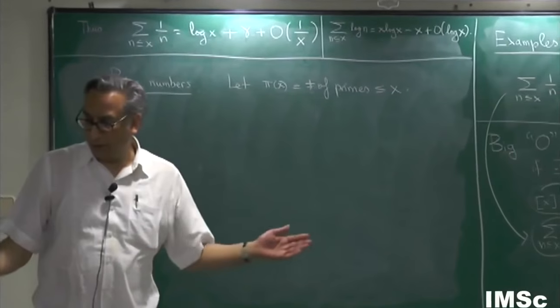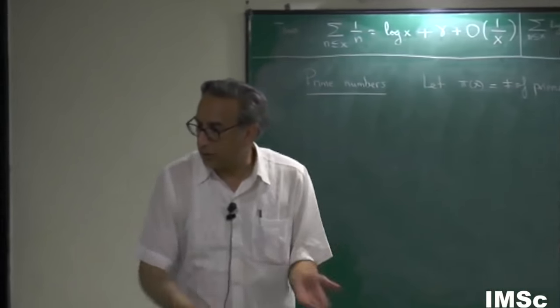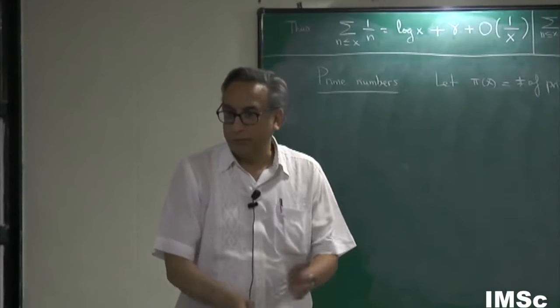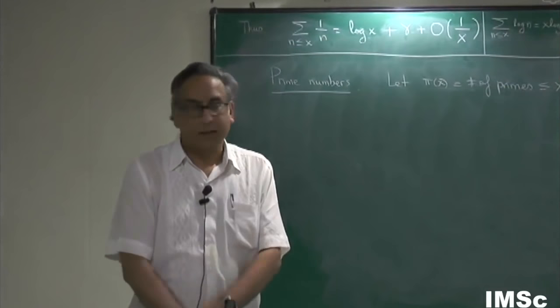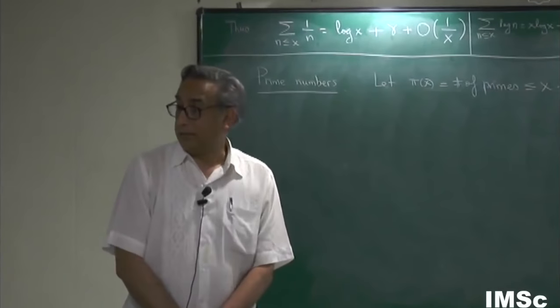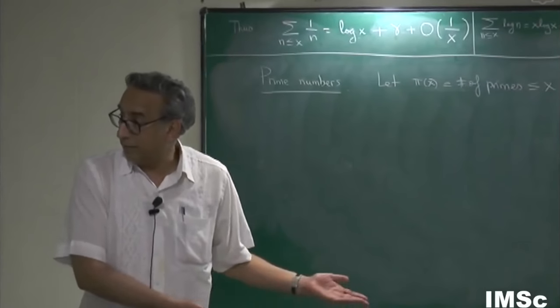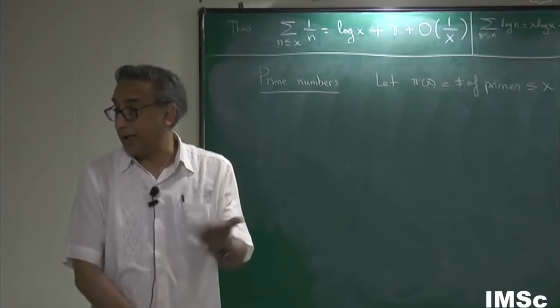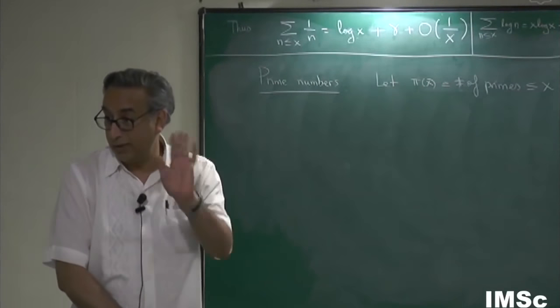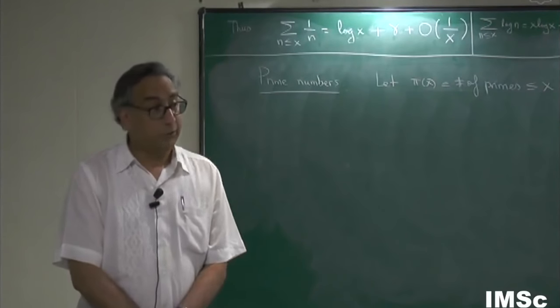Now, I think most of you know that there are infinitely many primes. You know the usual Euclidean proof. If there were only finitely many, you multiply them all together and add 1. Then it has to be divisible by one of the primes that you started with, but it can't be, because that means it divides 1, and there's a contradiction. This is the proof that goes back to Euclid.